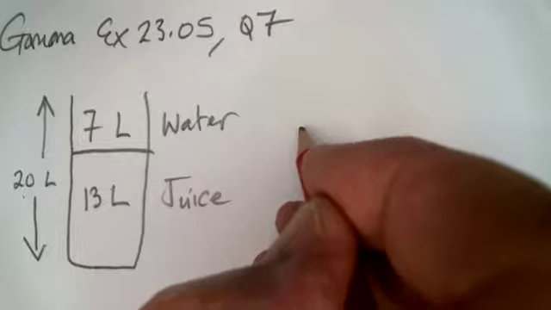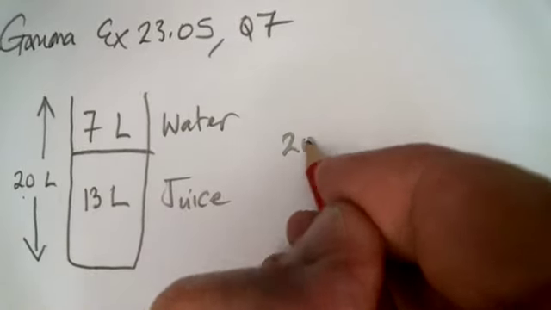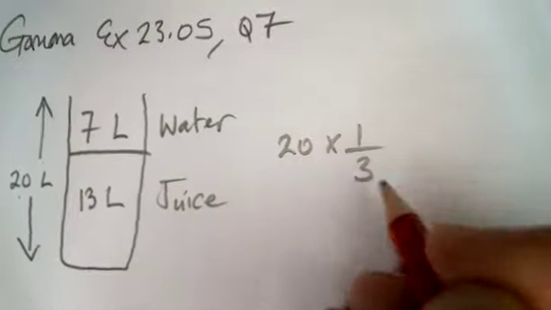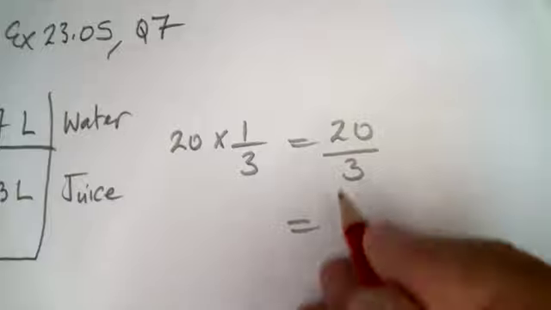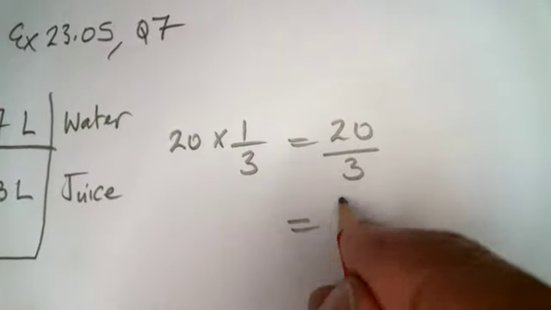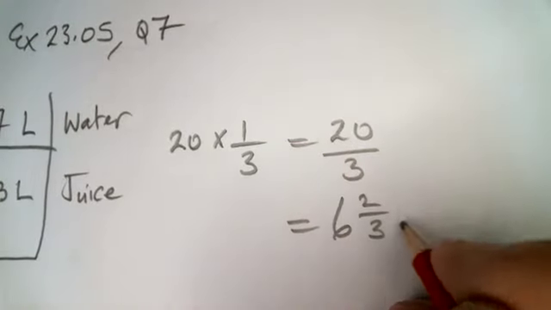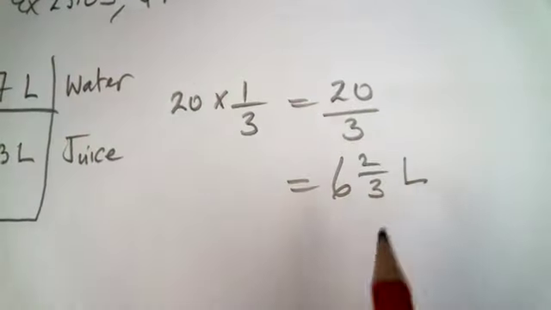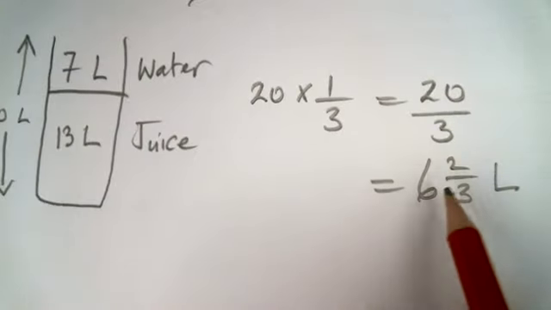If we're going to find 1/3 of this, we're going to take 20 and multiply it by 1/3, which of course is the same as saying 20 over 3. That's going to be 6 and 2/3 of a litre. So that's the amount of the total. We've now reduced the whole thing by 6 and 2/3 of a litre.